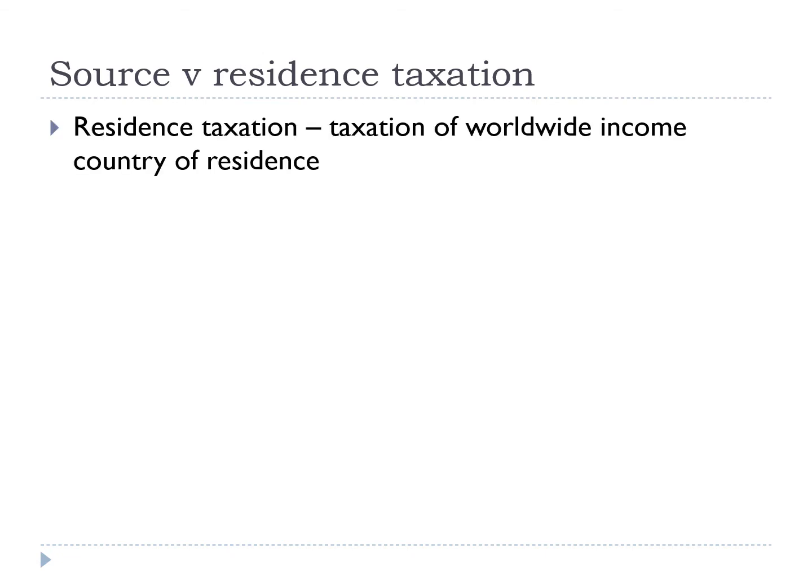There are two basic ways in which tax is imposed by a country. One is on the basis of residence, which is used by the United States to tax the worldwide income of its U.S. corporations, citizens, and resident aliens.